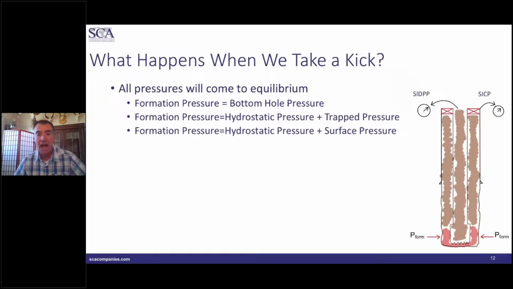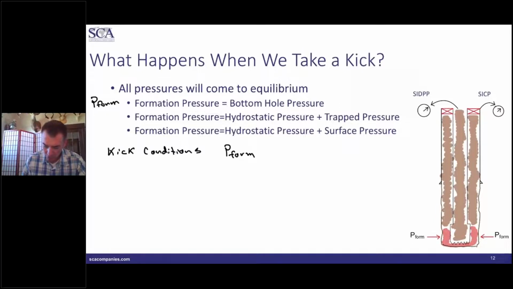So now let's look at what happens when we take a kick. Okay, when we take a kick, basically the kick conditions are usually when the formation pressure, and I'm calling formation pressure P form, when P form is greater than the bottom hole pressure or the hydrostatic pressure in my mud.